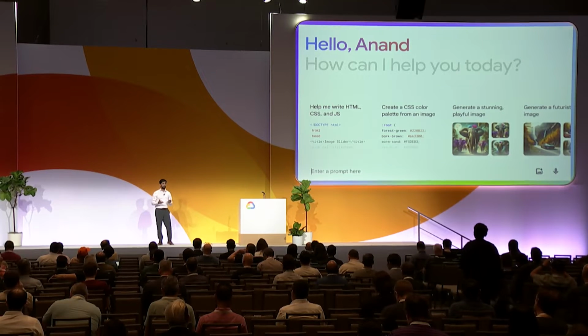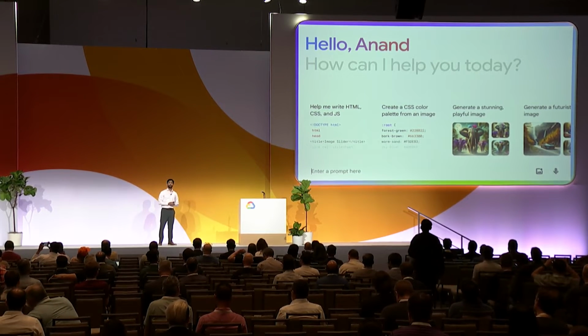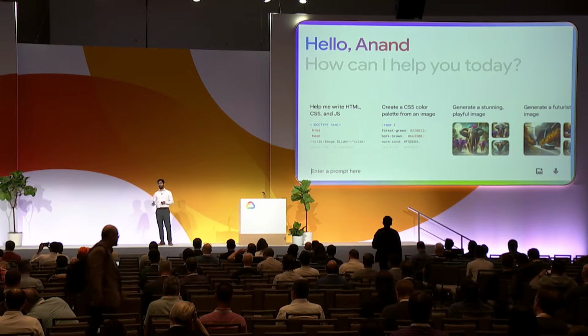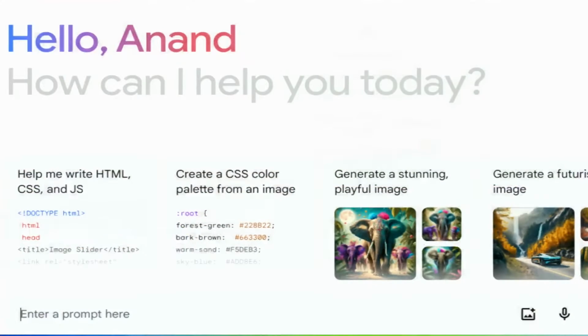So I'm sure most, if not all of you, have used the consumer Gemini chatbot app, or perhaps ChatGPT. And these chatbots are really powerful, right? Out of the box, they can do multiple tasks amazingly well, and you've clearly not customized them on your data for your tasks, right?